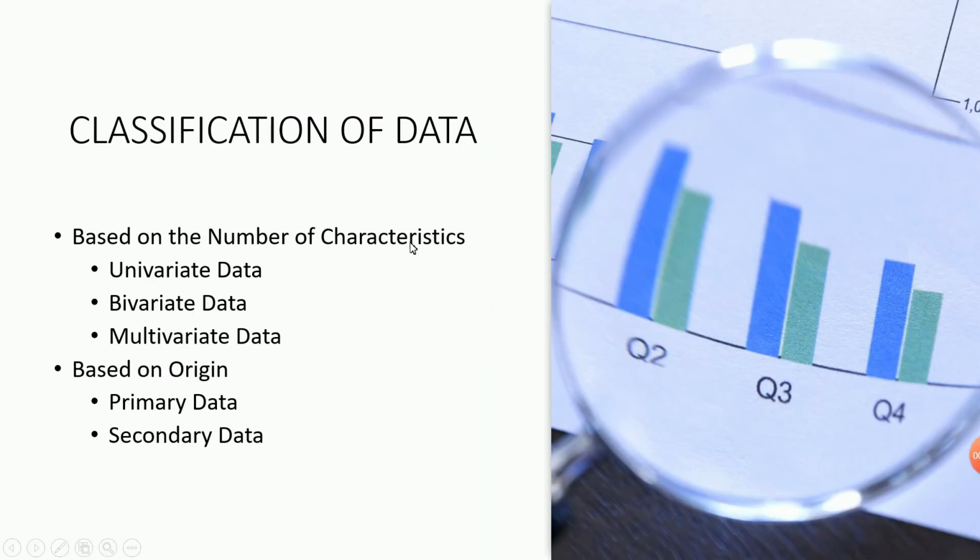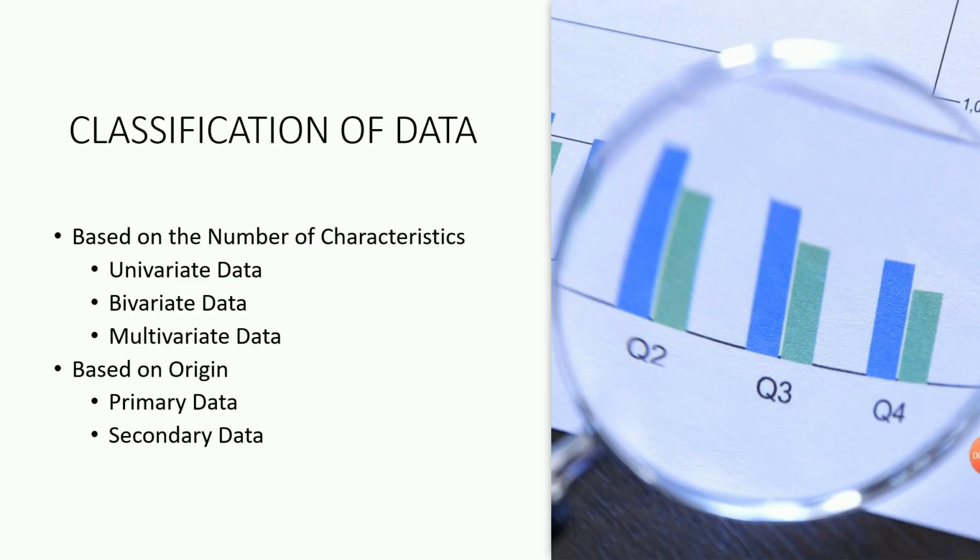Next is based on the number of characteristics that particular data has. Univariate is if I am taking male or female, something like that. Bivariate means it has two different characteristics. When I go for literate males, I am collecting the literacy level as well as the gender.